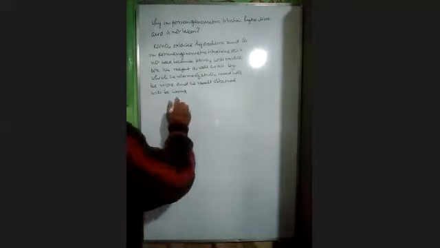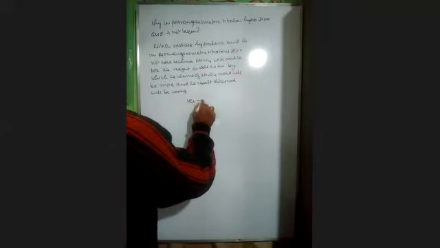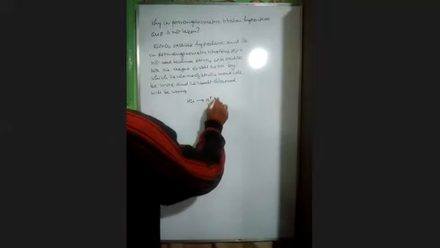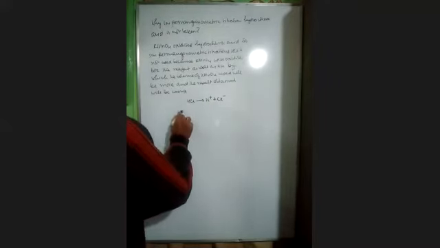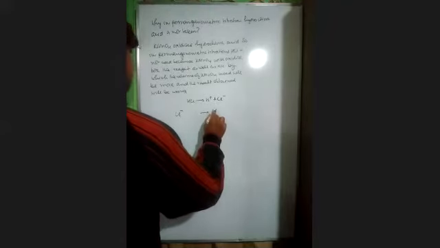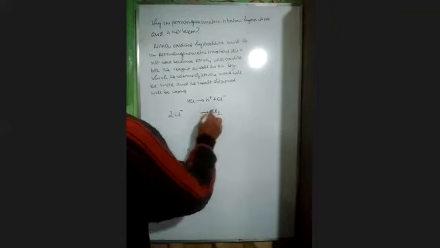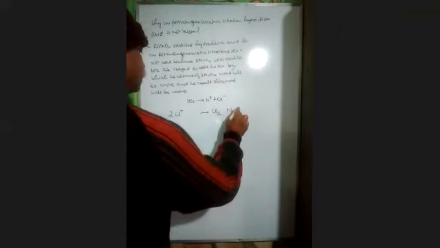So I'll write now here HCl, H plus Cl minus. I'll do with this. So I'll write here Cl minus will give you Cl2. So I'll write here 2Cl, and here I'll write 2 electron.